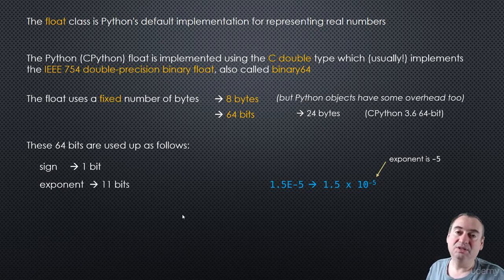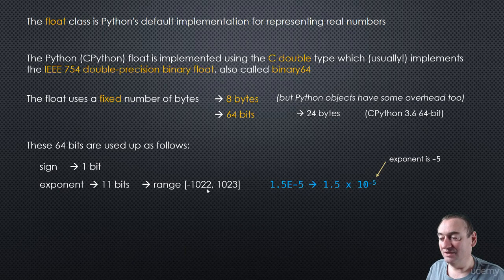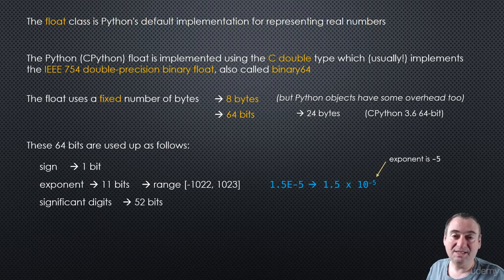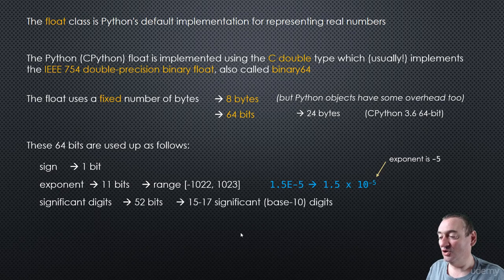And for that exponent, 11 bits are reserved, which means that the exponent's range can be from minus 1022 to 1023. And then the rest of the 64 bits, which is 52 bits, is taken up by the significant digits. So that gives us about 15 through 17 significant digits, and I'm talking about base 10 digits, so 0 through 9.